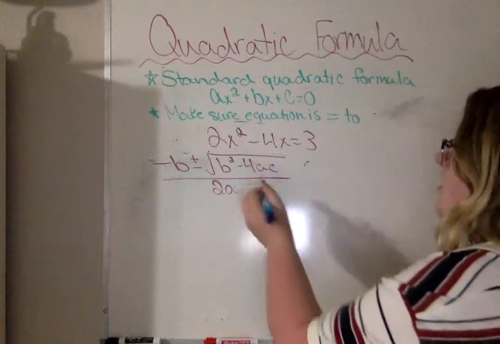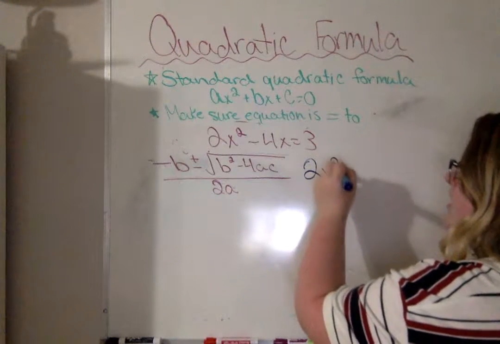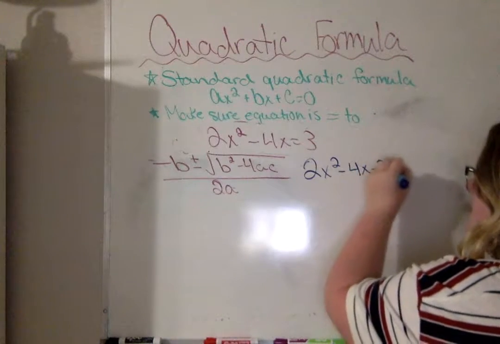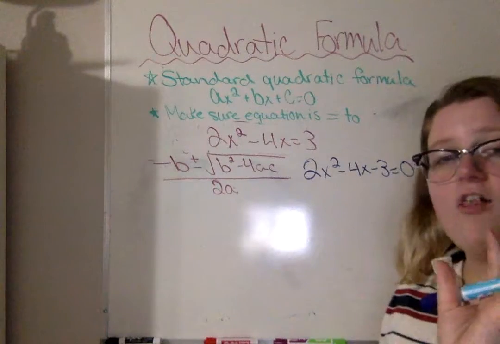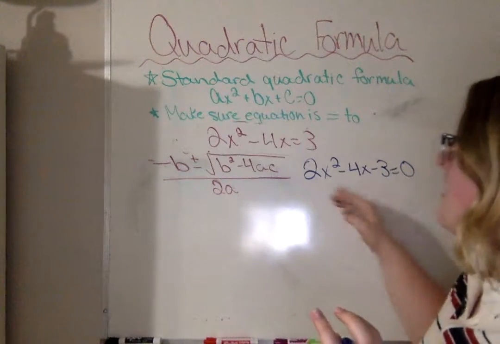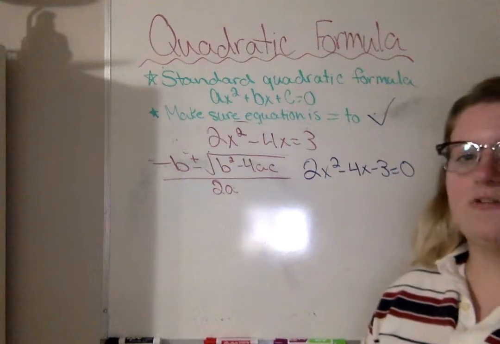So we're just going to write it up and do 2x squared minus 4x minus 3 equals 0. And now it is. All I simply did was subtract 3 from each side, and this is what I ended up getting. So now it is equal to 0.